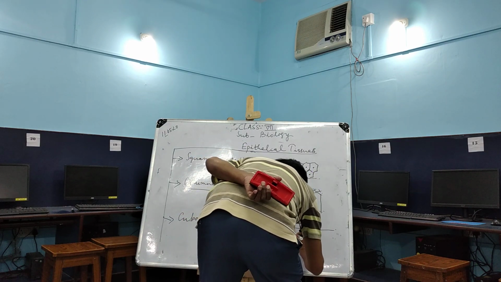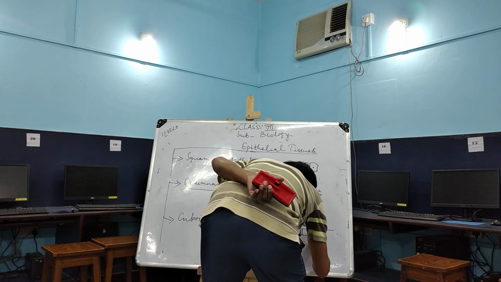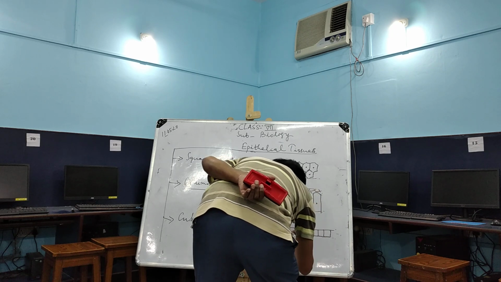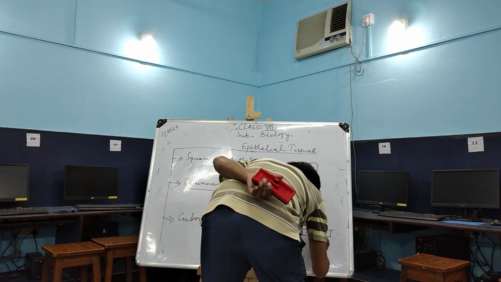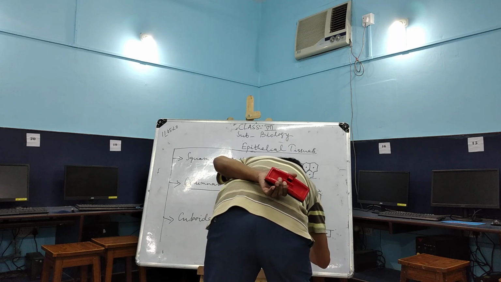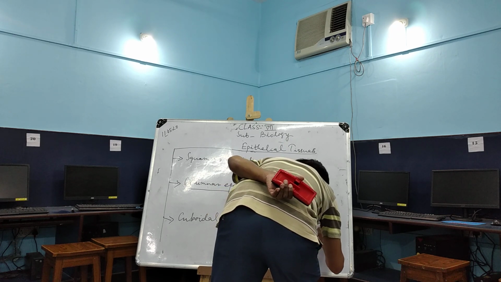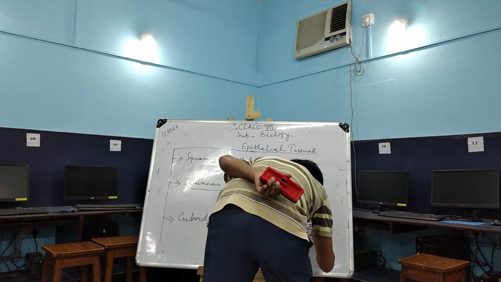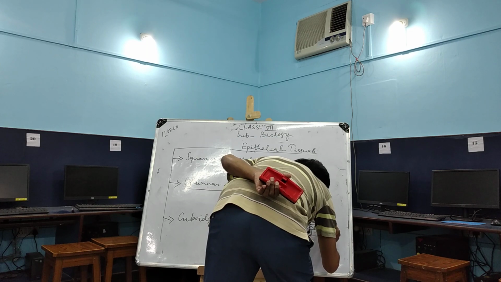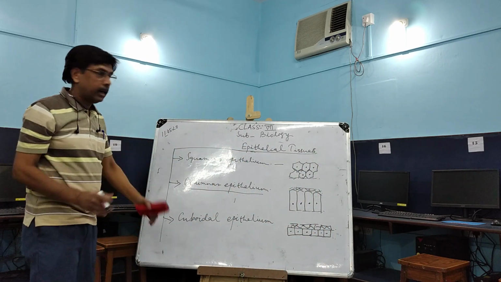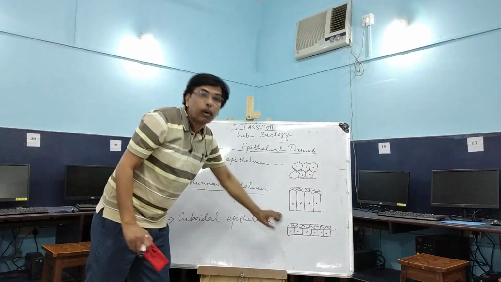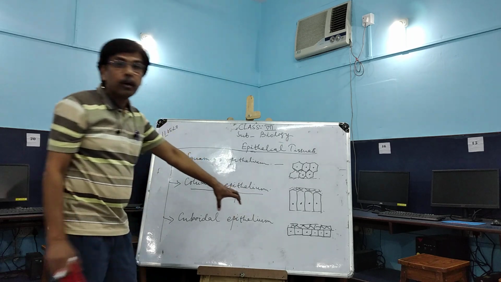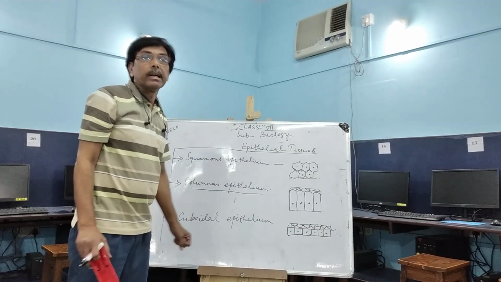And cuboidal epithelium, look at it. Here the height of the cell is almost equal to its width, which gives the side view the appearance of a square.